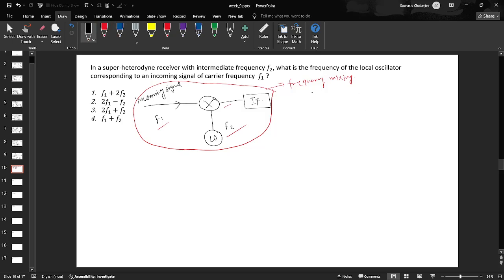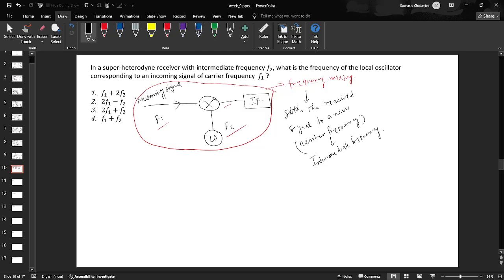What does frequency mixing actually do? It shifts the received signal to a new center frequency. This center frequency is known as the intermediate frequency.